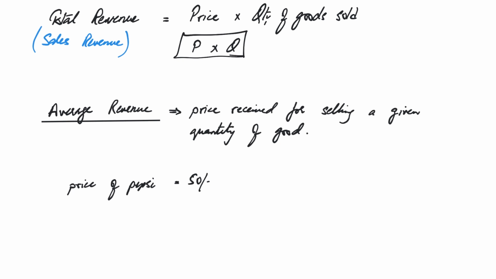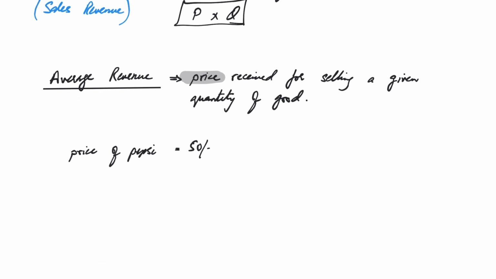How much did I get for the second bottle that I earned? 50. And what about the third bottle? 50. So you would say that for every bottle I'm going to sell, I'm going to make 50 rupees. That's the average revenue. That's the revenue per bottle. In fact, that is the price that I'm receiving for selling every unit.